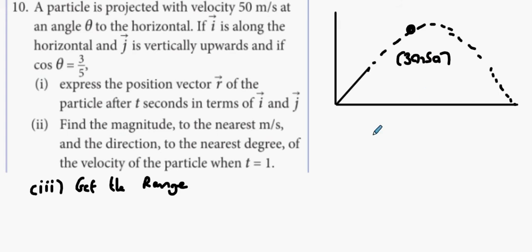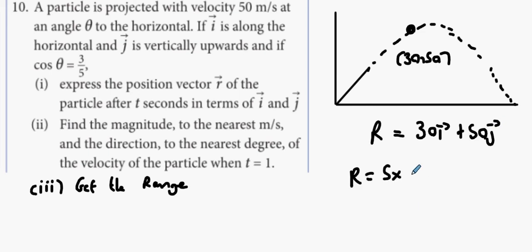Your position vector would be 30i plus 50j. That's what that essentially means. So, to get the position vector, it's basically sx times i plus sy times j. You just insert the sx and sy equations into r and put an i and a j beside them, and that's your position vector sorted, okay? We'll do that in a second.